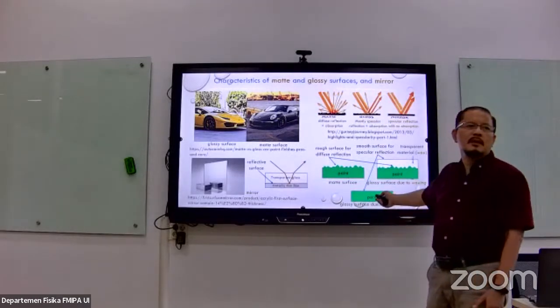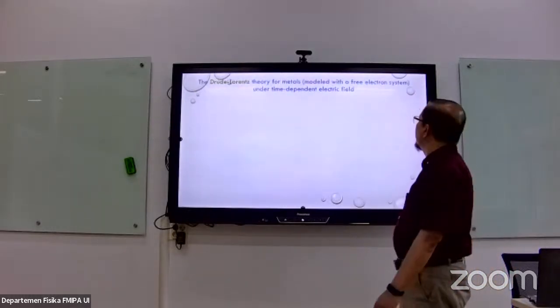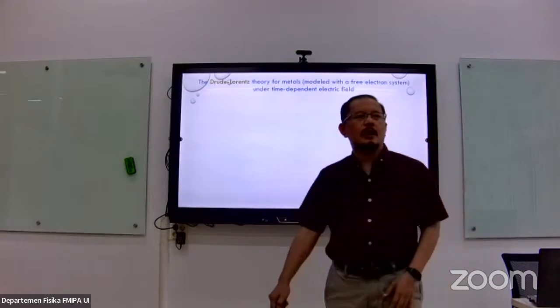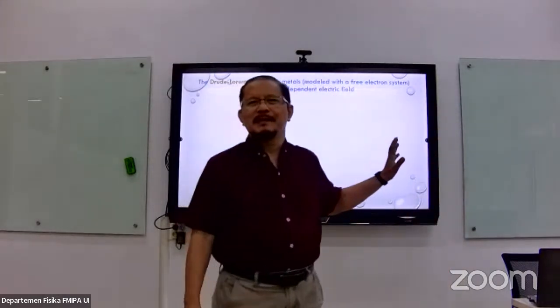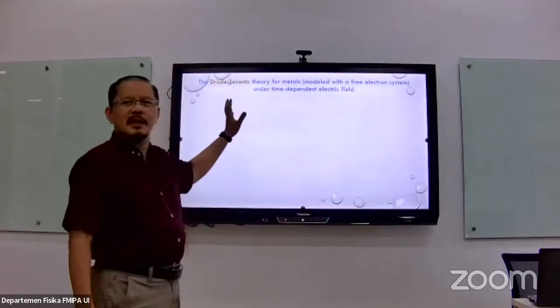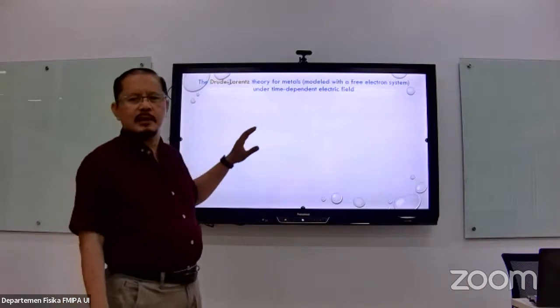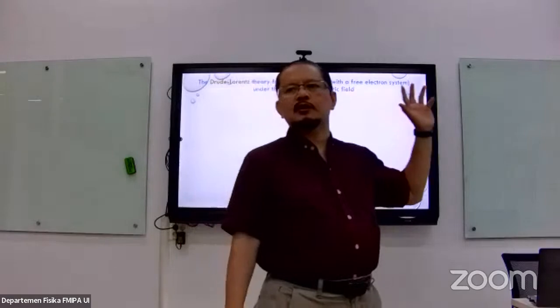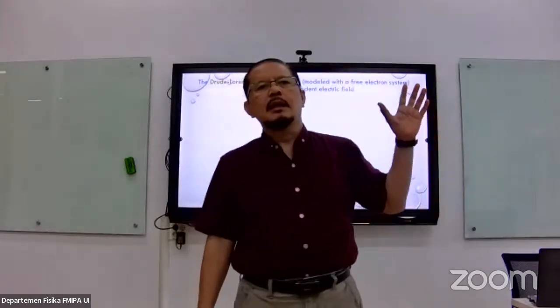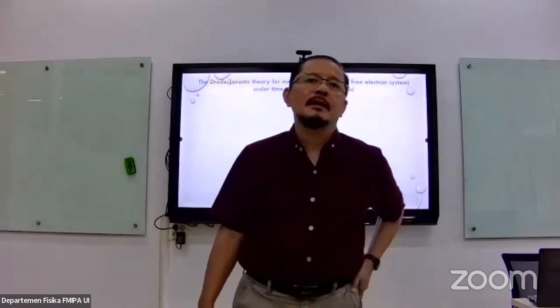Okay, this is our last part, right? Now we are coming to this part, so we are going to start to do math. For the rest of our discussion today, we are going to do the analysis using classical mechanics, electromagnetic theory, and also at the end, we incorporate quantum mechanics.